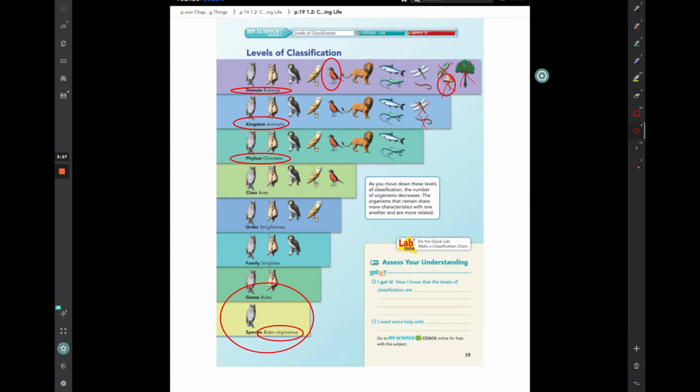The genus is capitalized and species is lowercase. So this is its scientific name here. As you move down these levels of classification, the organisms that are left at each step are more closely related, and you are dividing those others out and putting them into other kingdoms and other phyla and other classes in a whole different pattern to get to whomever they are.